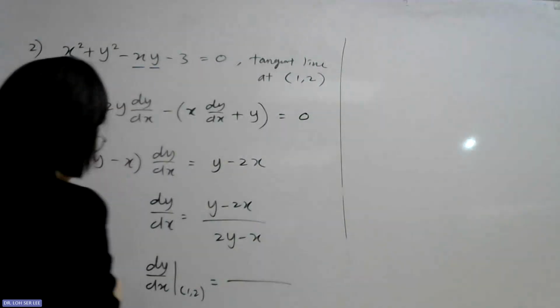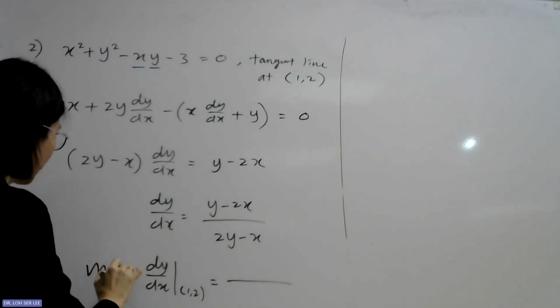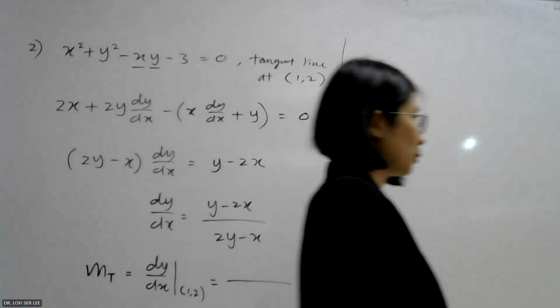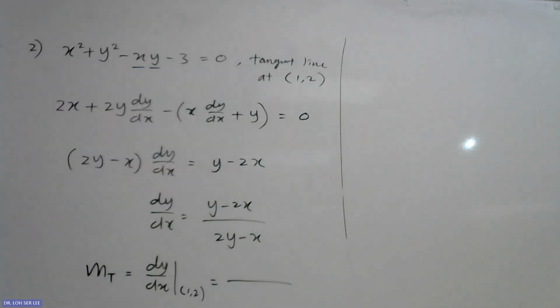Okay, this is your m for the tangent line. What is your m for the tangent line?